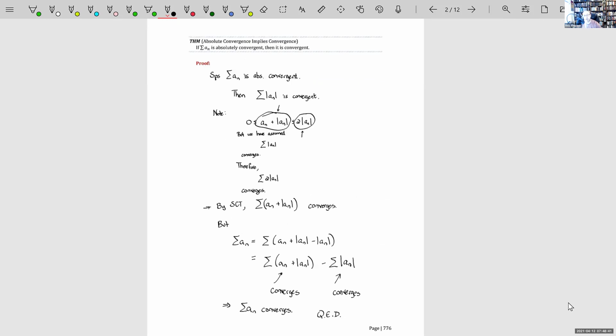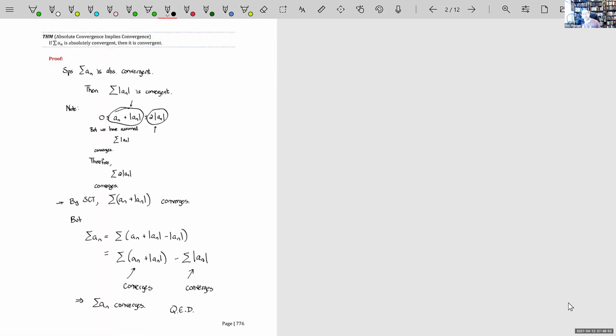So again, absolute convergence implies regular old convergence. So that's great. From this point forward, if somebody hands me a series that has some negative terms, I have the option to look at the summation of the absolute value of the sequence, rather than the alternating bit.